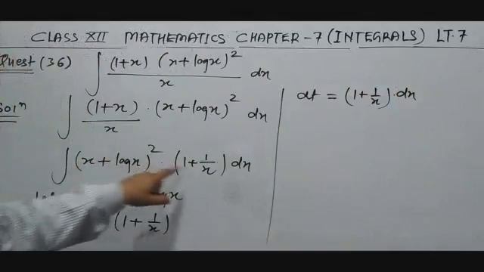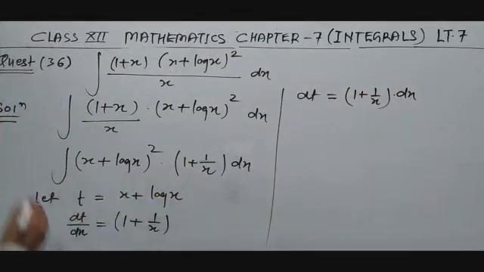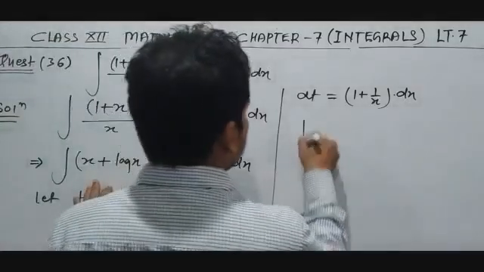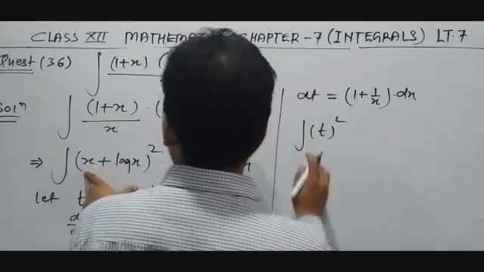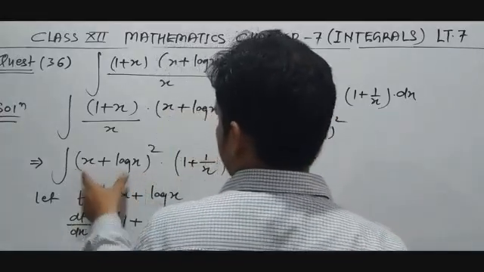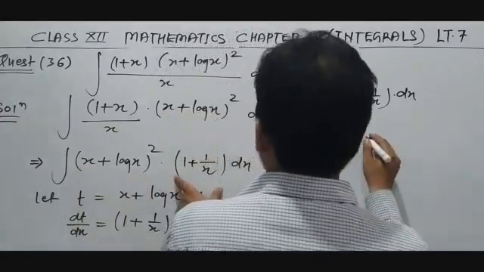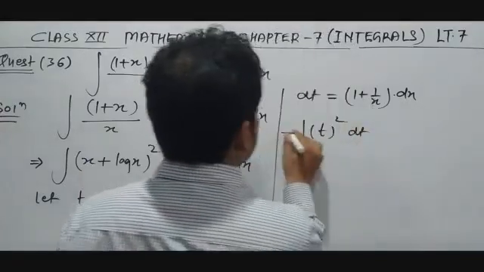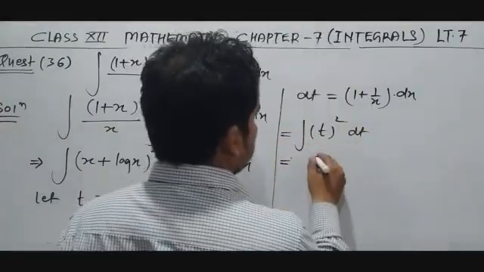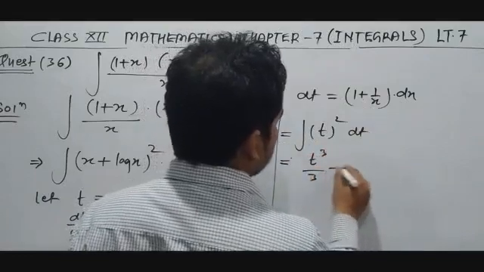Now this integration part can be converted. Integration over this result is t square, since t we have considered, and 1 plus 1 by x dx is dt. So its integration is t cube by 3.